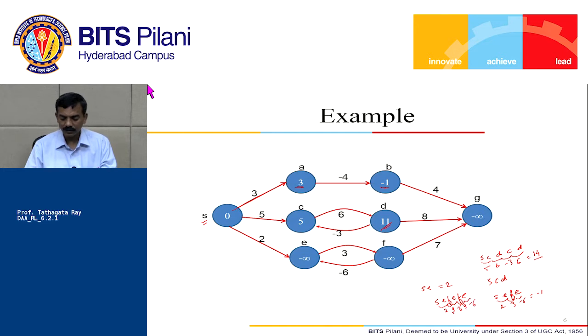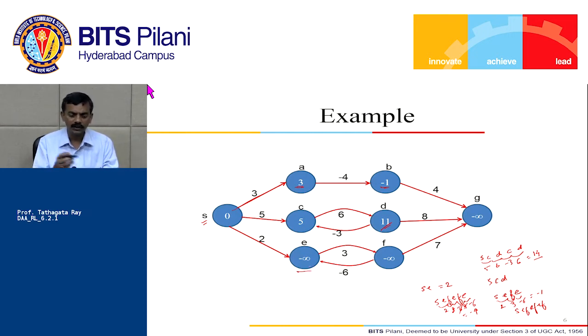So this is 3 plus 3, 6, which cancels out, and this is -4. So more negative. If you keep on doing S, E, F, E, F, E, F, you will see you will still reduce the cost of the path. So your shortest path has cost -infinity.